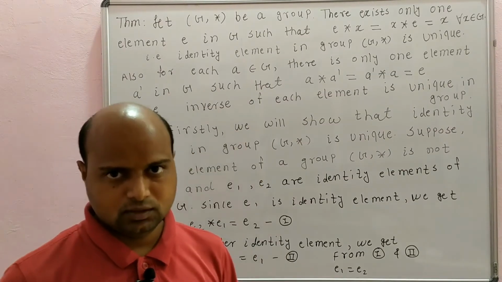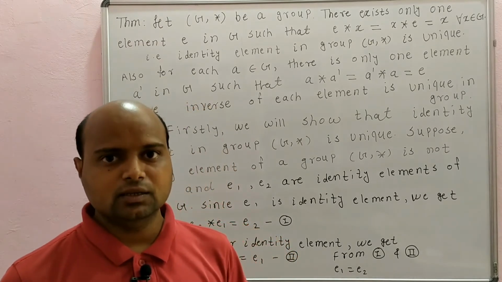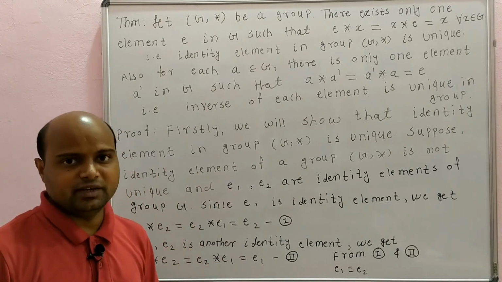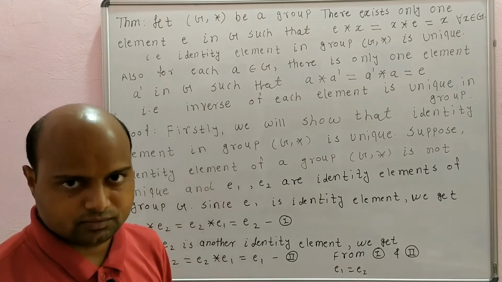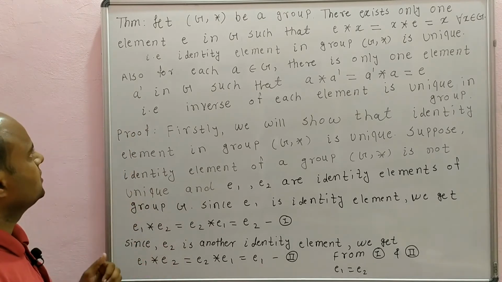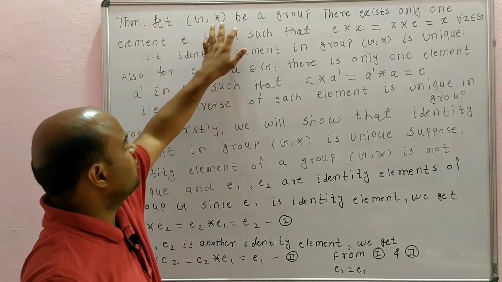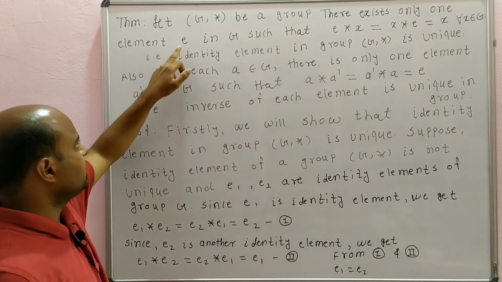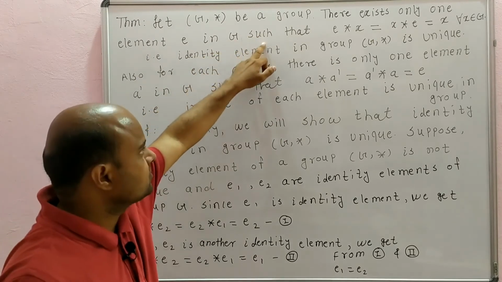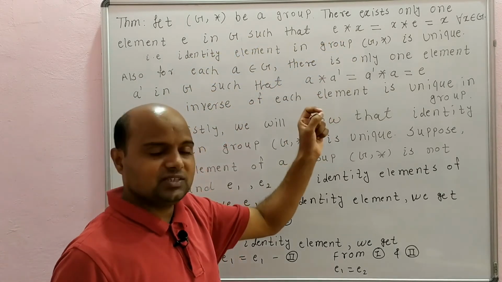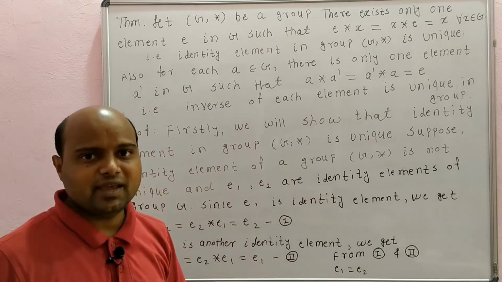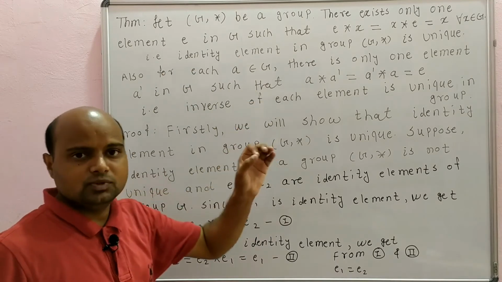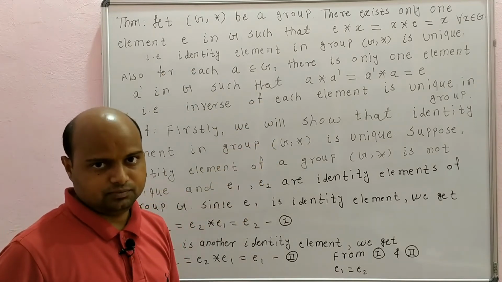Now, we will learn that the identity element in any group G and the inverse of each element in G is unique. We will learn this theorem. If G is a group with binary operation star, then there exists only one element E in G such that E star x is equal to x star E is equal to x for every x in G. That is, the identity element in a group G is unique.